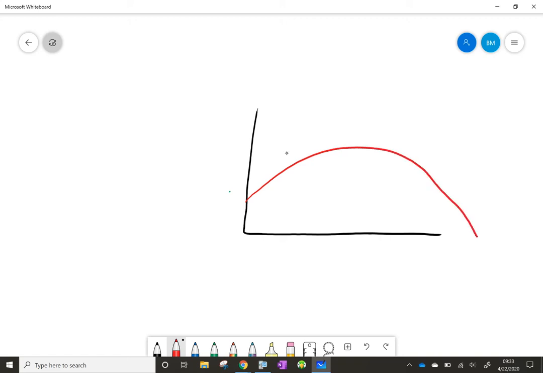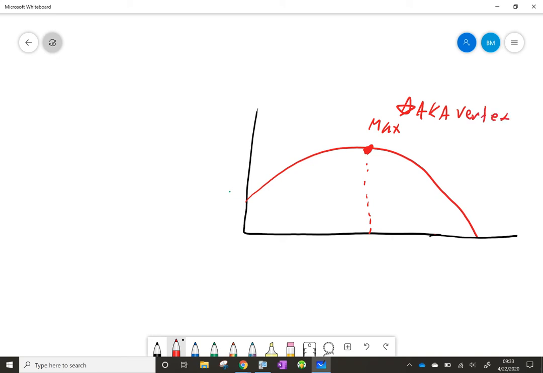Okay. So when you think about a projectile, throwing something, right? Maximum height of our projectile, or a snowball, is essentially the vertex, AKA the vertex.